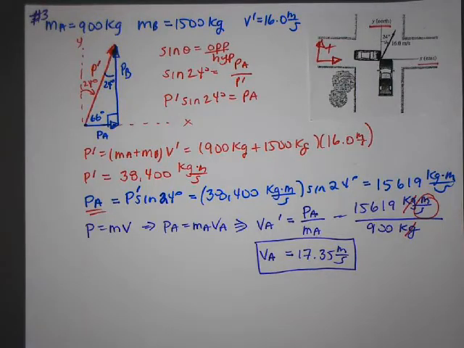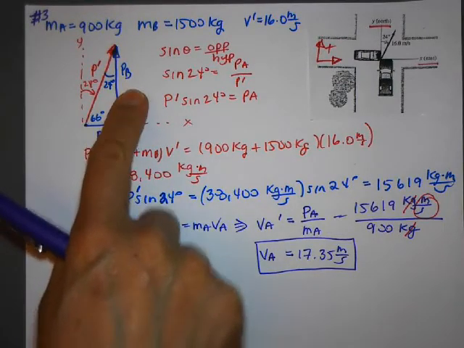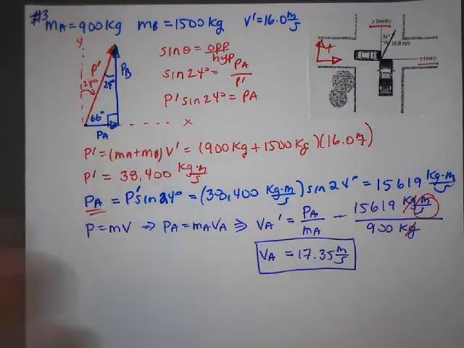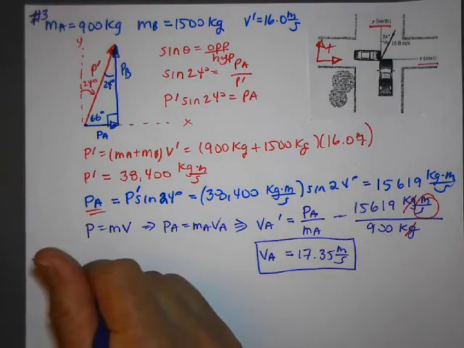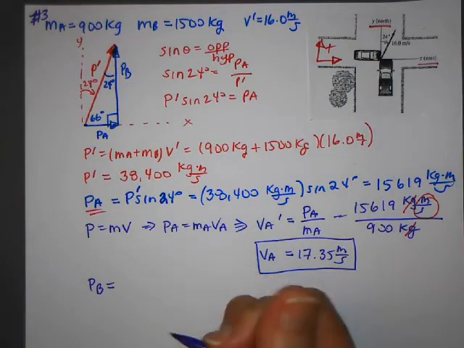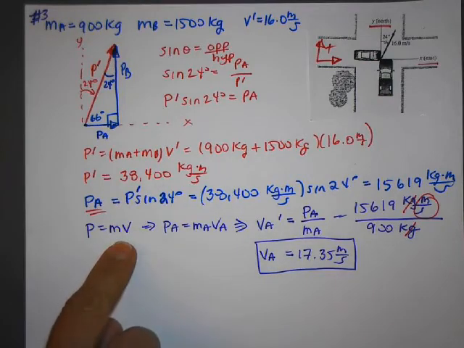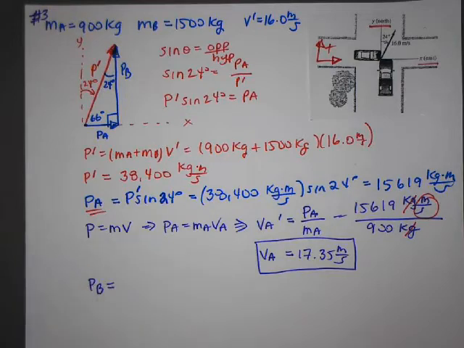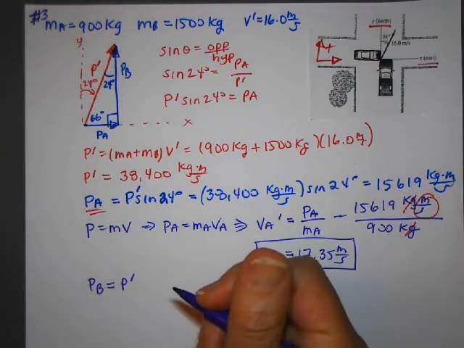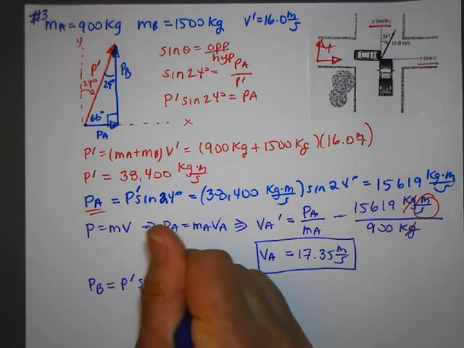Now, there's more than one way to do it. I could do the same thing for PB. I could use sine, I could use cosine, or I could use the Pythagorean theorem. It really doesn't matter. So maybe I'll say that PB is equal to P prime times the sine of 66 degrees.